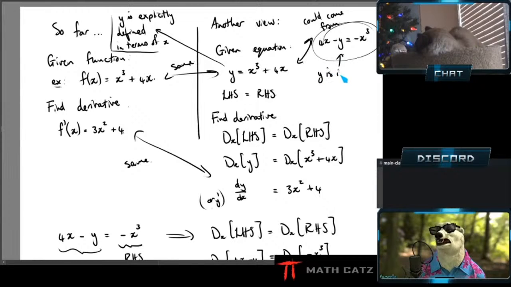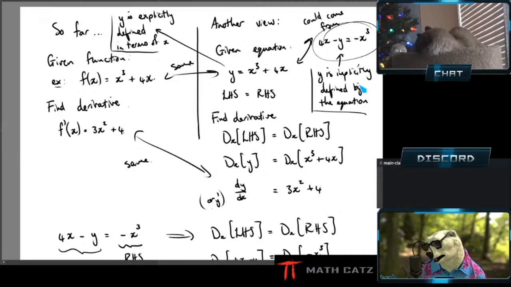We say y is implicitly defined by the equation. It's not in terms of x because I can't see it all as a combination of x variables. But it's still defining the same thing. One is clear, explicit. One is hidden, implicit.